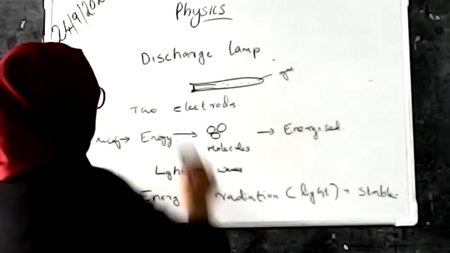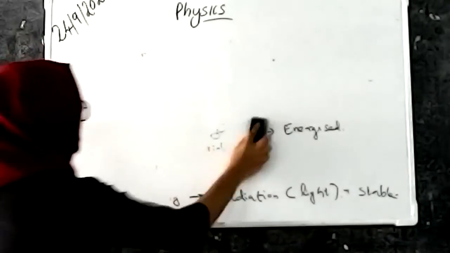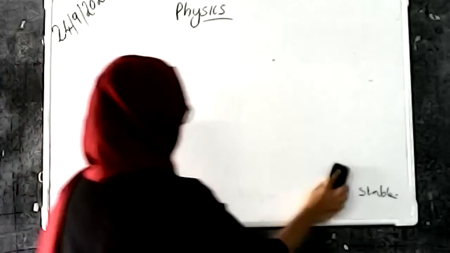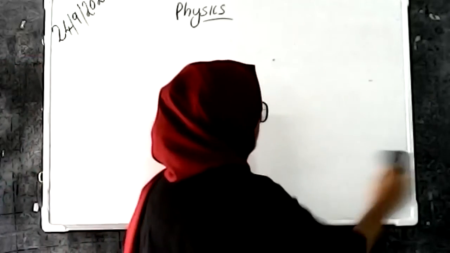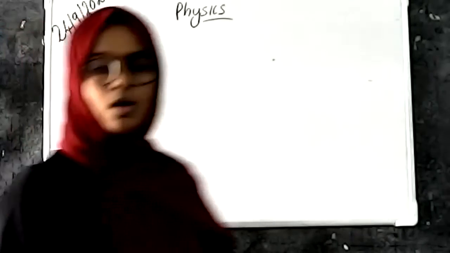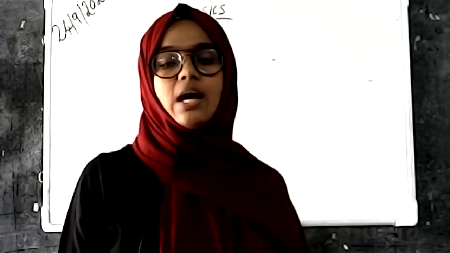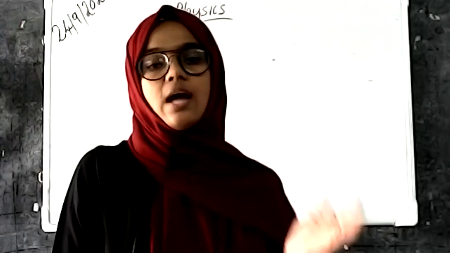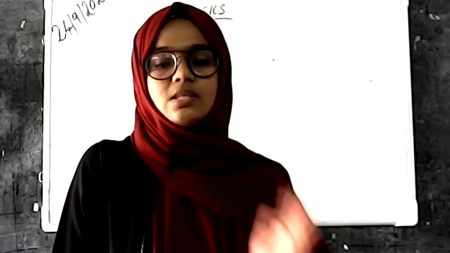Okay. And we discussed some types of discharge lamp: sodium vapor lamp and arc lamp. Sodium vapor lamps are used in laboratories as laboratory devices, and arc lamps are also devices used in laboratories, and CFL lamps.